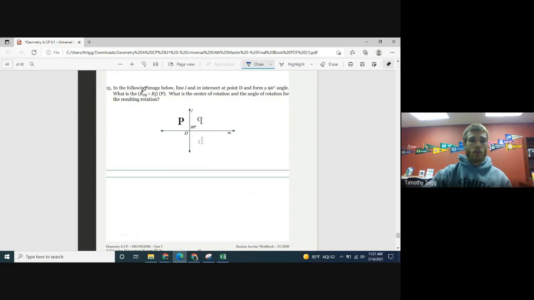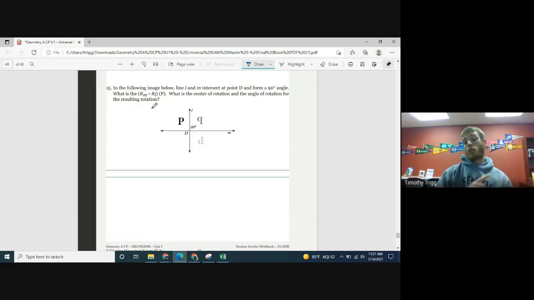What is R sub M composition with R sub L? Meaning we are going to reflect across line M, then reflect across line L, point P. What is the center of rotation and the angle of rotation for the resulting rotation?